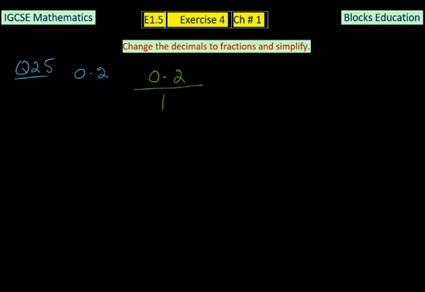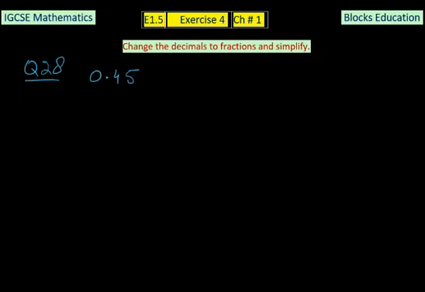We have only one digit, so we will place only one 0, making 10, and now we can remove this 0 and dot, so we are left with 2/10. And as we know, we have to simplify, so 2 1s are 2, 2 5s are 10, so the fraction representation of decimal 0.2 is 1/5.